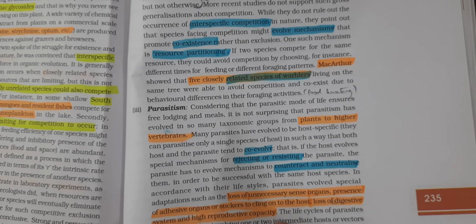The life cycles of parasites are often complex, involving one or two intermediate hosts or vectors to facilitate parasitization of its primary host.